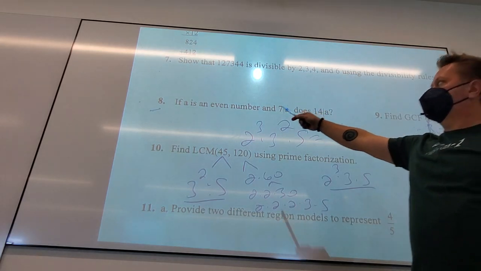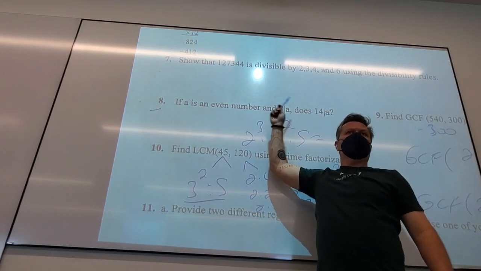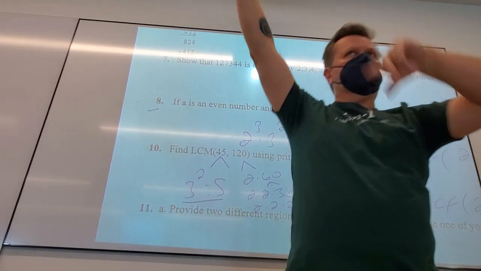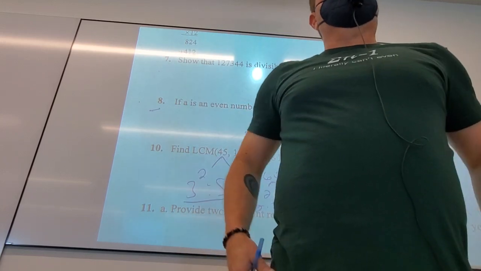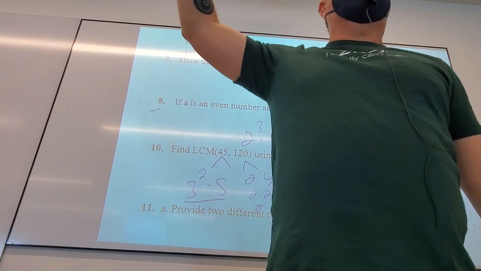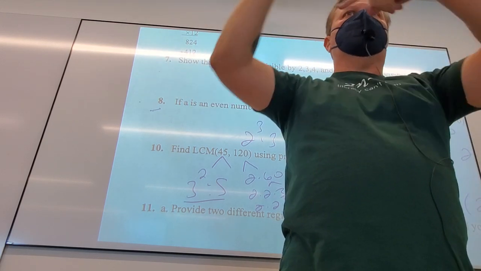What does even mean? It's divisible by 2, and it's divisible by 7. Since those are relatively prime, it must be divisible by 14. So if I said 2 is an even number and 8 goes into it, does 16 go into it? No, not necessarily, because 2 and 8 are not relatively prime.